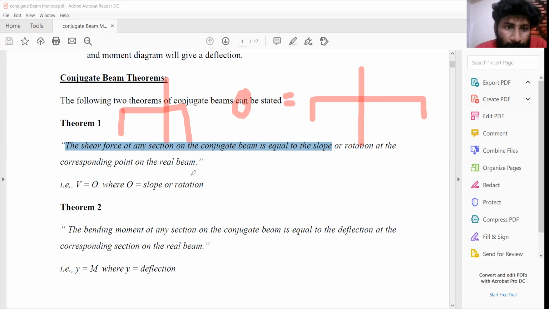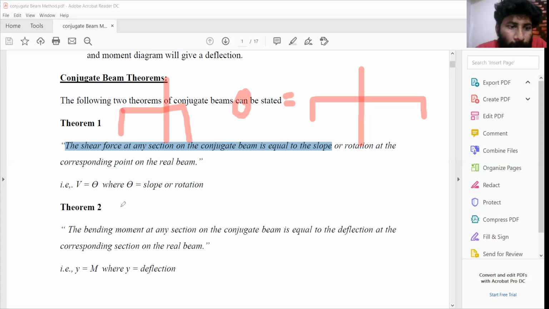That's the meaning of this statement: the shear force at any section in the conjugate beam is equal to the rotation or slope at the corresponding point on the real beam. These two are the corresponding points. That's why V, the shear force in the conjugate beam, is equal to theta at the same section in the real beam, where theta is slope or rotation.